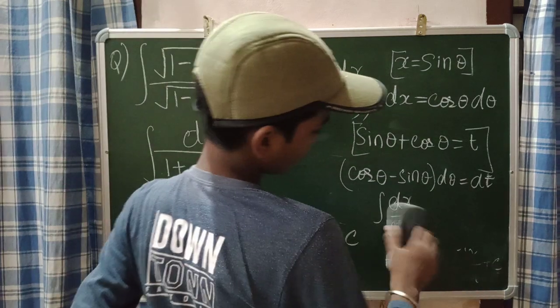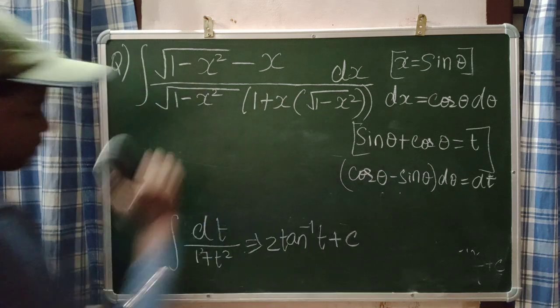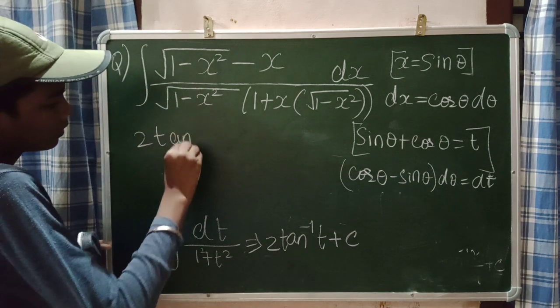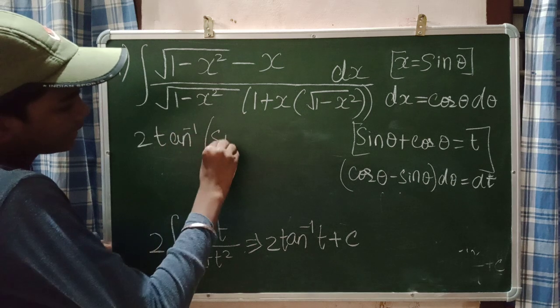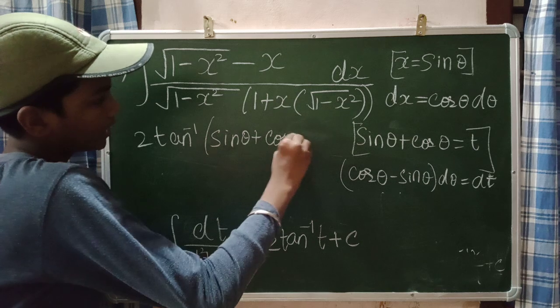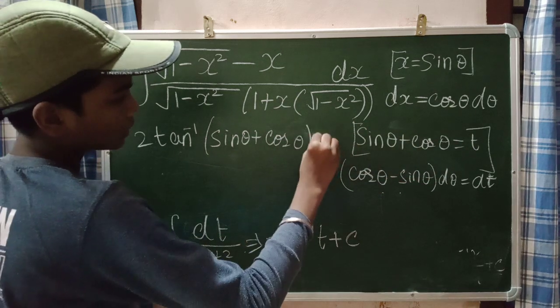Now, these questions are very easy questions. So what I took as t? I took sin theta plus cos theta as t, right? Here only I took sin theta plus cos theta as t, then plus some constant.